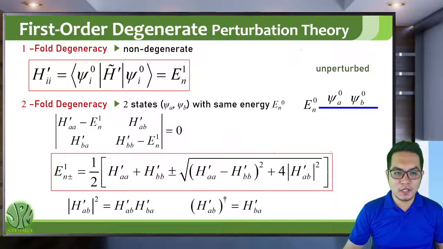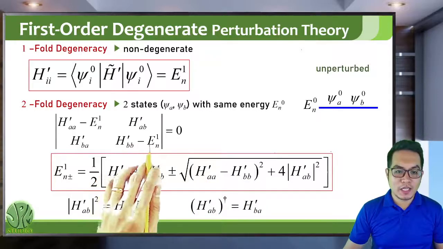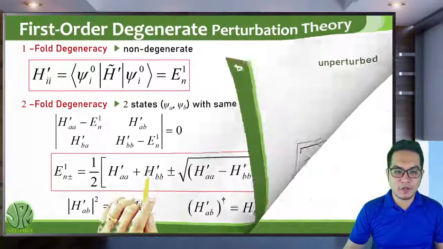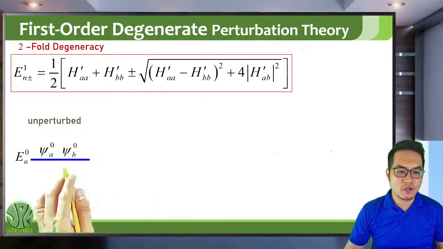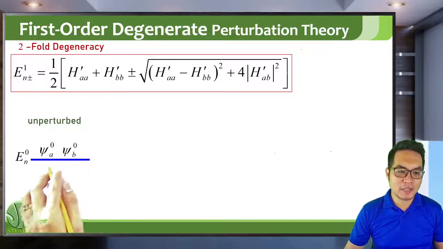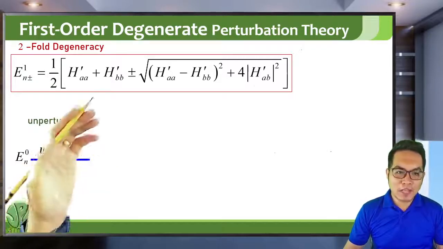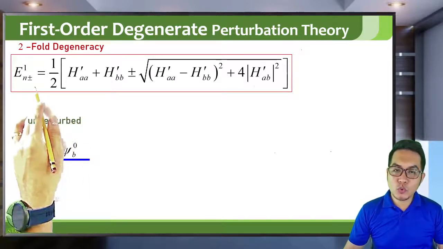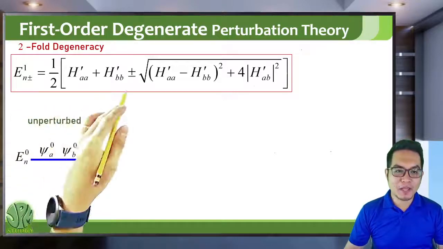Okay, so in this case, you can solve it easily, the En's, the first order corrections. So what happens now? Originally, this is your unperturbed states. You have two states, psi A0, psi B0. They both have the same energy, En0. When you apply the perturbation, there are now two corrections to the energy. One is a plus, one is a minus.